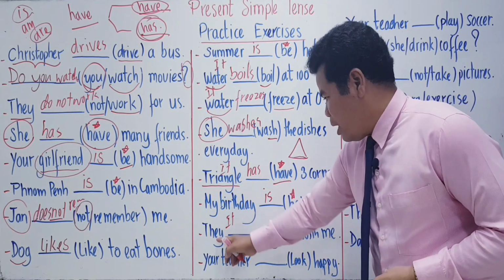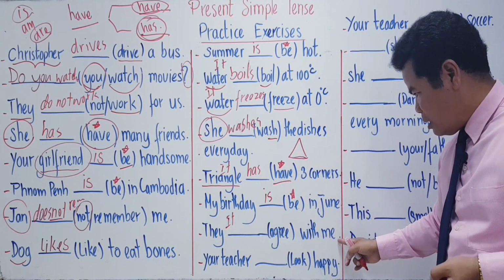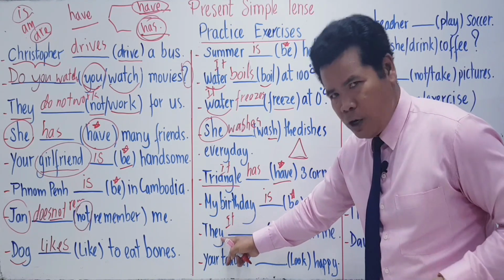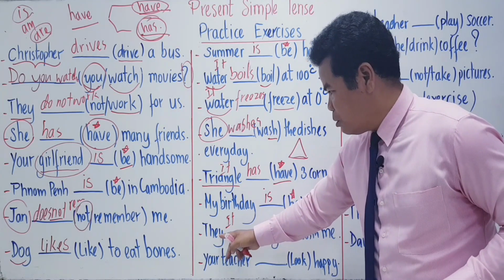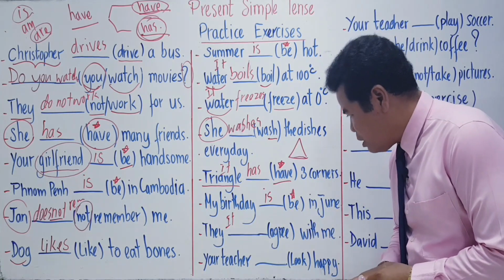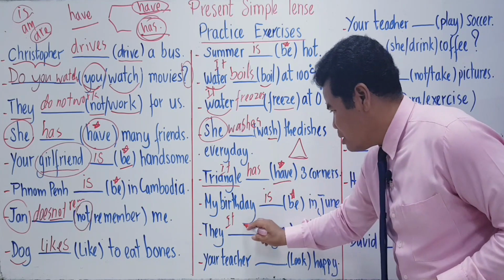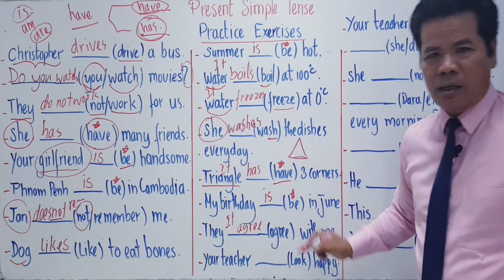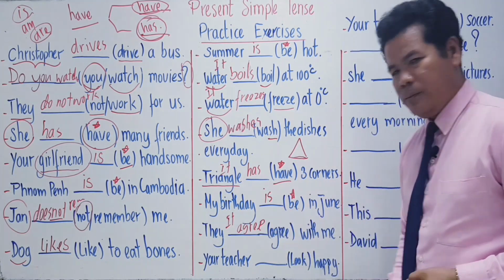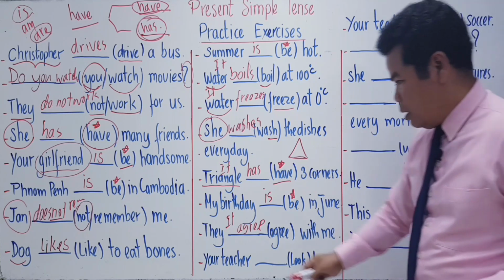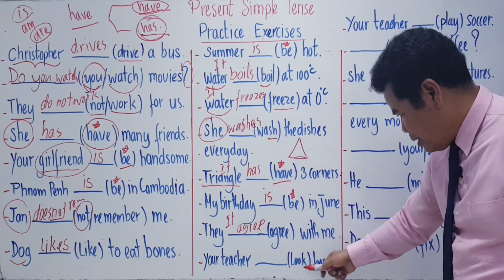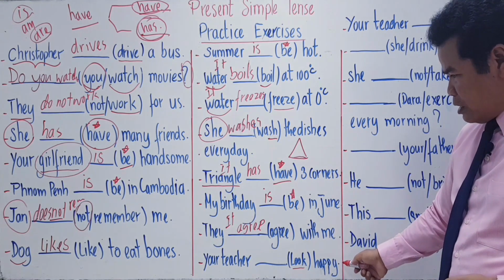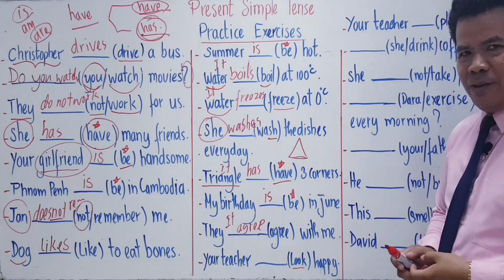Okay? Look at the sentence. Is it positive? Positive. Now, about the word day: is it third person singular? No. So when we use it, it's not used as a third person singular. So the verb stays the same. Do not change. Alright? Let's go to another one. Your teacher, look, and then happy. Is it positive? It's a positive.